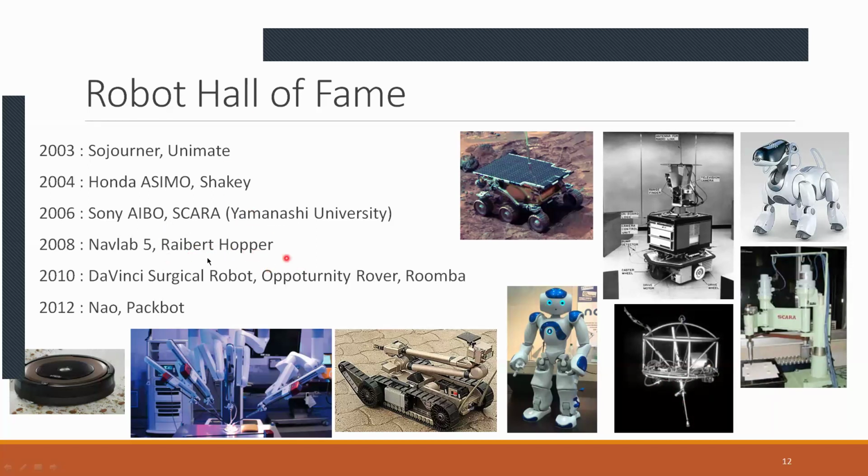Now, the Raibert Hopper was developed by an engineer called, I think, Marc Raibert, and he was the guy behind Boston Dynamics, and this was kind of the grandfather of all robots developed by Boston Dynamics. So as you can see, they really do focus on agility and agile motion.